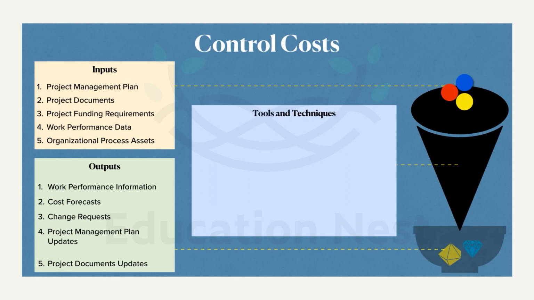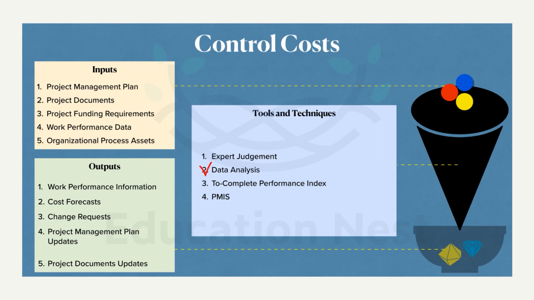So now let us focus on the tools and techniques that are necessary. Expert judgment, right? Here, an expert who is well versed with variance analysis, the earned value analysis, EVM, EVA, forecasting, financial analysis, is consulted.